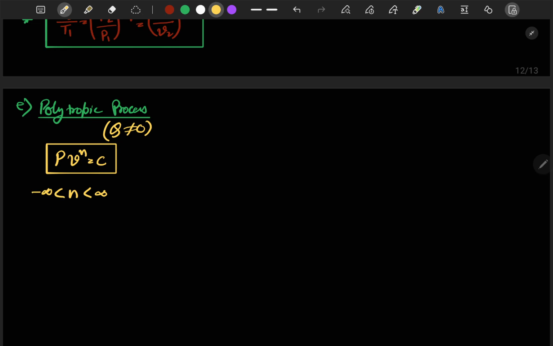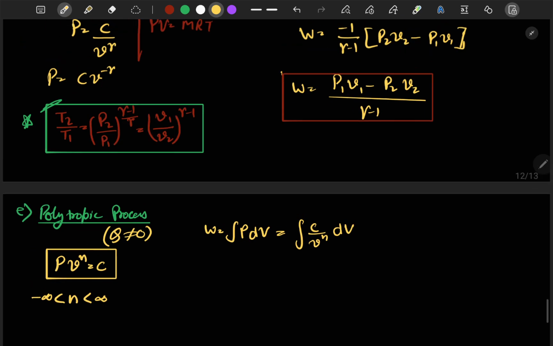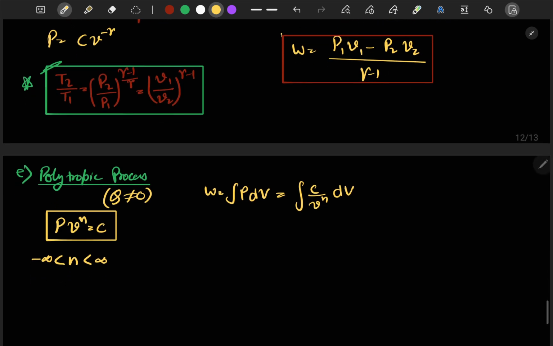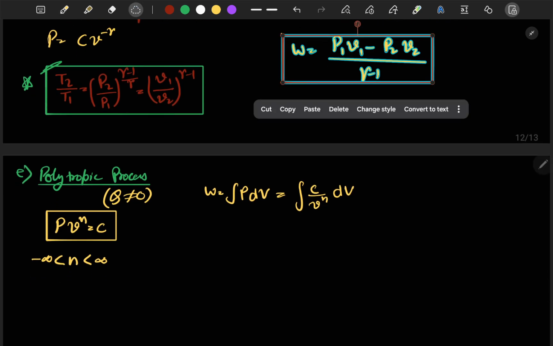When we calculate work for this polytropic process, since it is a closed system, it will be the integral of P dV, where we can write P as C upon V to the power n, dV. Similarly, as in the case of the adiabatic process, we obtain our work done; there is only a slight difference.